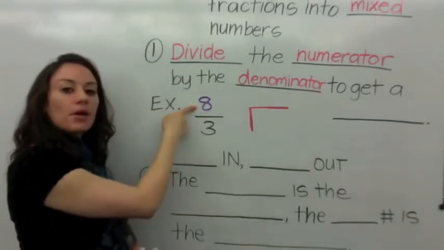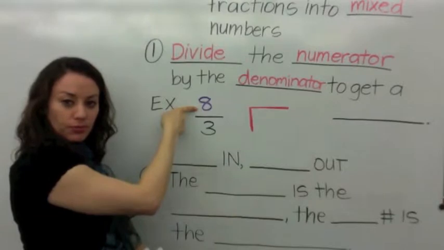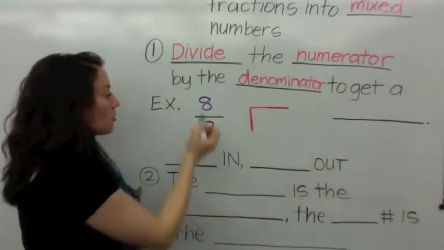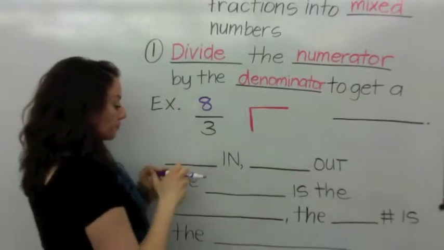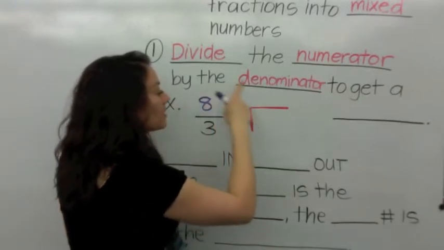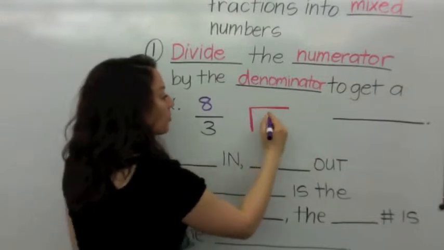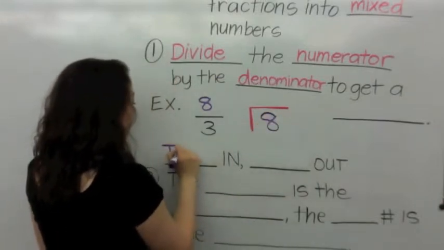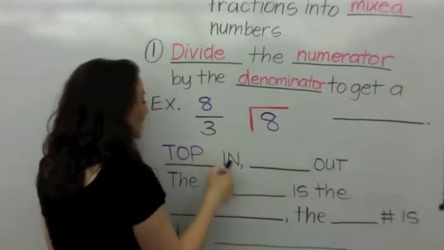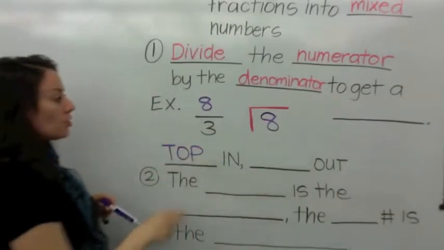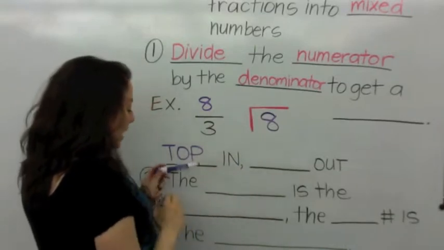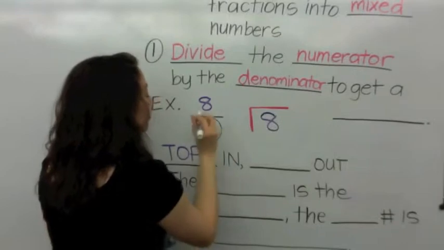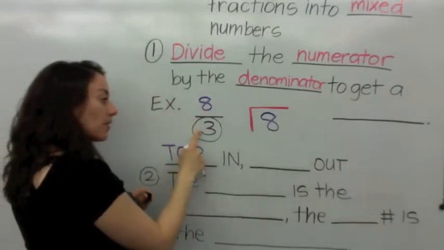What is the top number of this fraction? It's 8, right? Okay. So the top number is going to go inside of the division house. So the top is going to go in. So we're going to write top in, and the bottom number, or your divisor, you're dividing by the bottom number.